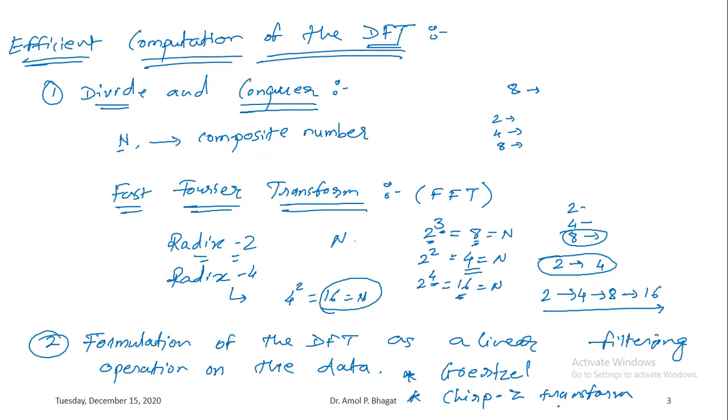Let's see what this Radix 2 algorithm is, because we are restricting our discussion of efficient computation of the DFT to the fast Fourier transform approach, which comes under the divide and conquer strategy. This Radix 2 FFT algorithm is nothing but the Radix 2 fast Fourier transform algorithm for the efficient computation of the DFT.